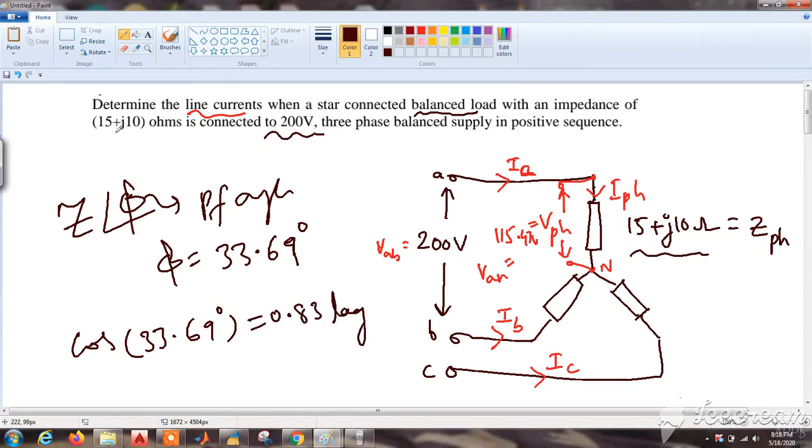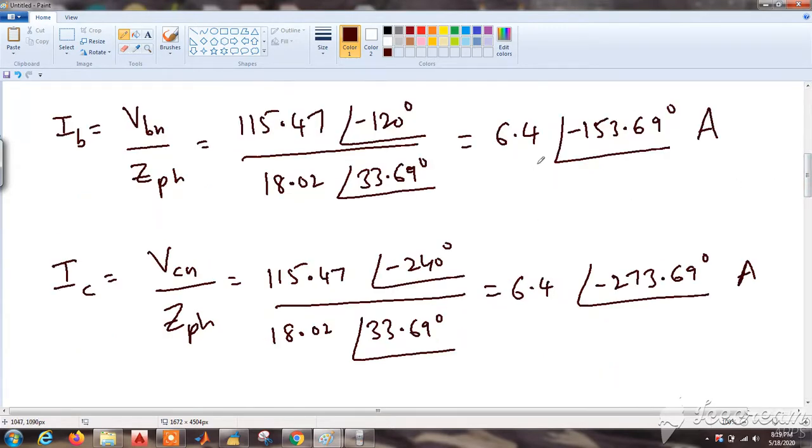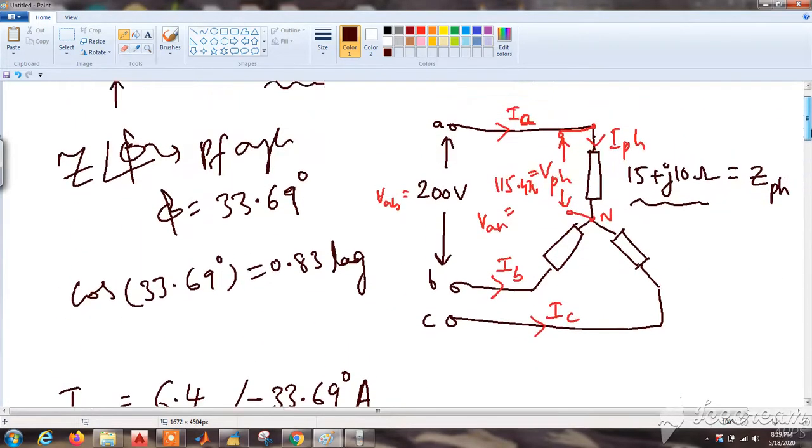Because this is positive, that is, it has inductive reactance in it, or inductive reactance is dominating. If it were minus, then it would be capacitive reactance, and this would be lead instead of lag. Also lag because you can see that the current angle is negative, so the current lags the voltage. That's why it is called a lagging power factor.